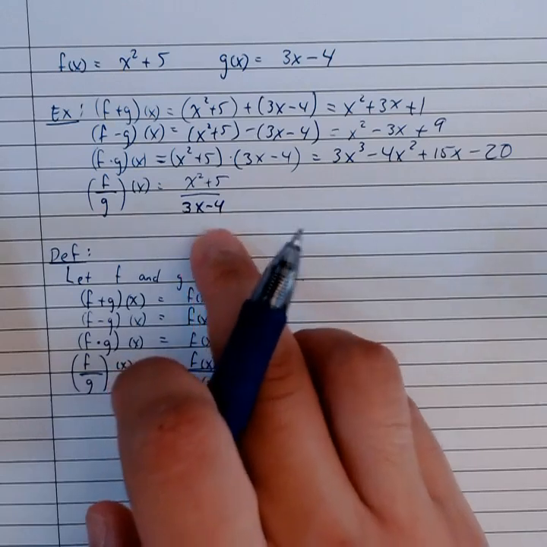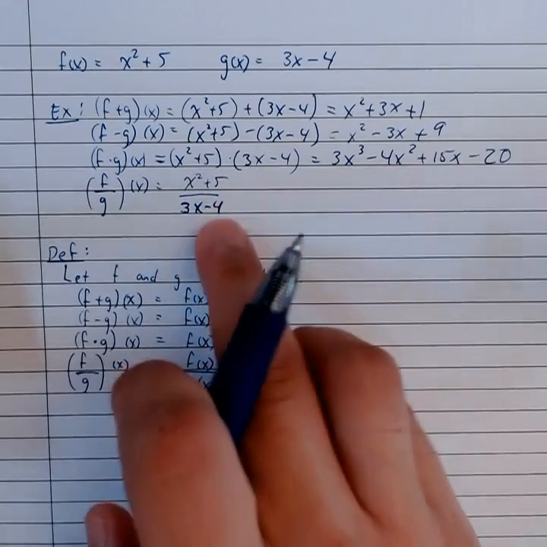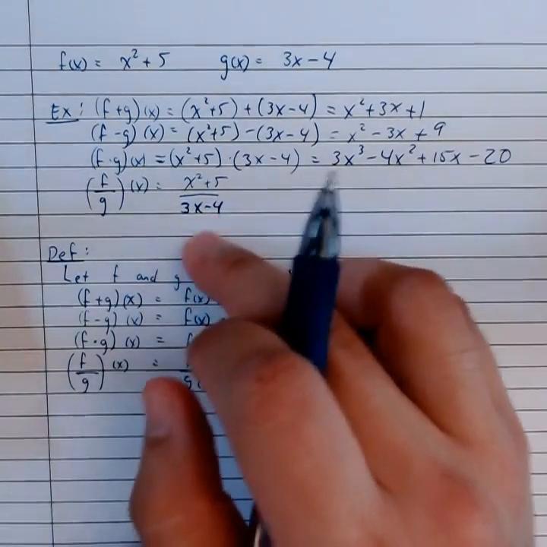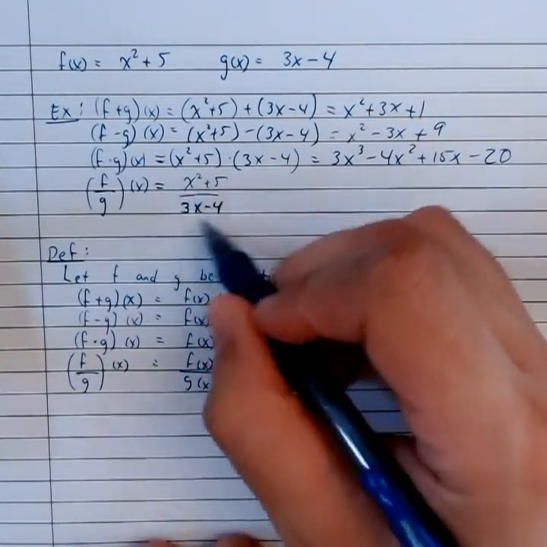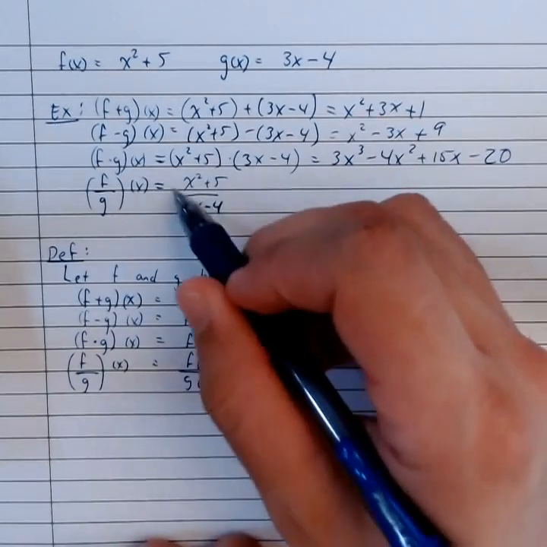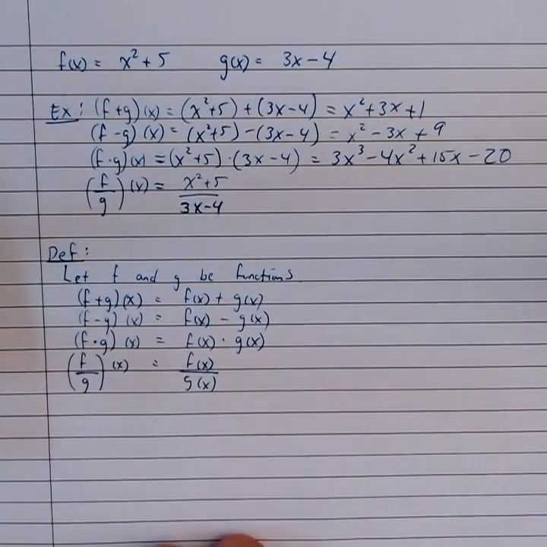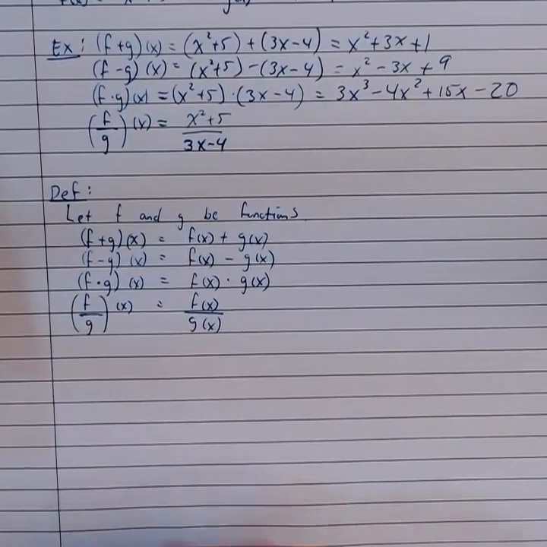And this is something we're going to look at more closely in the next chapter. This is the end of chapter 2. We're going to look at division of polynomials again in a lot of detail in chapter 3. So here, this wouldn't quite be done. We could divide this out a little more, but it does require you to perform division of polynomials. And again, we'll review that at the beginning of the coming chapter, chapter 3.